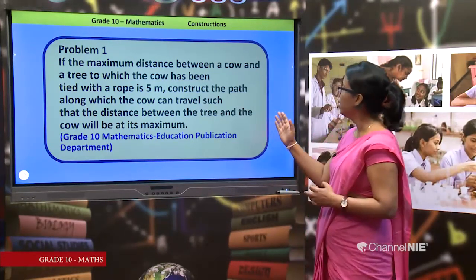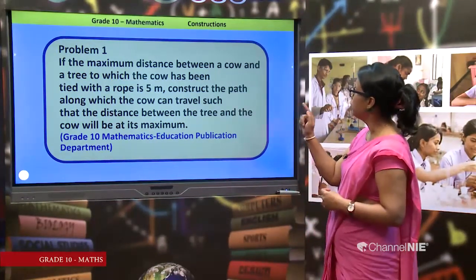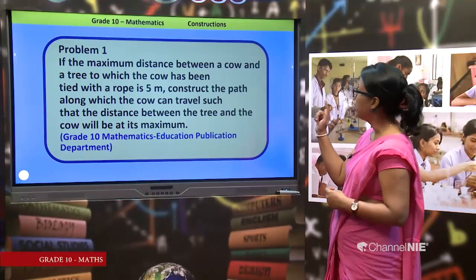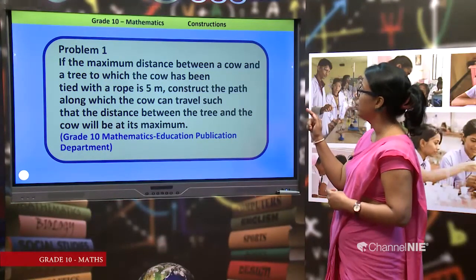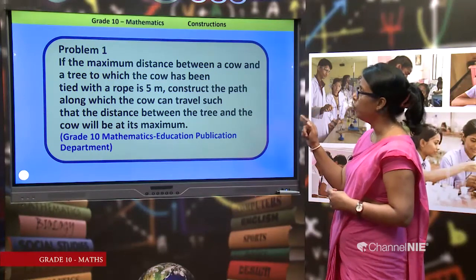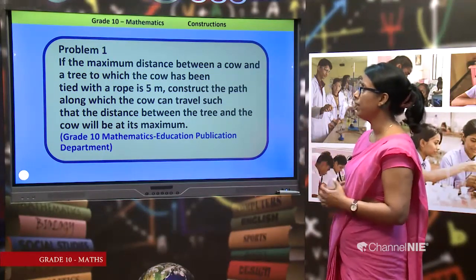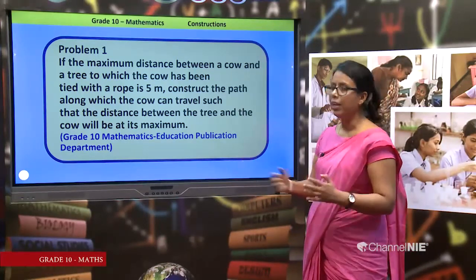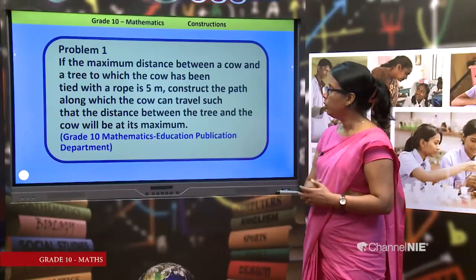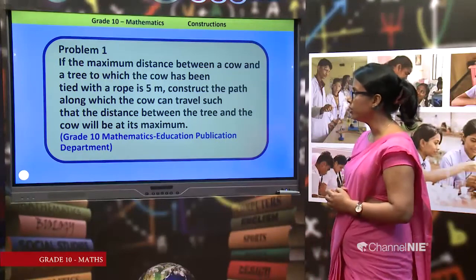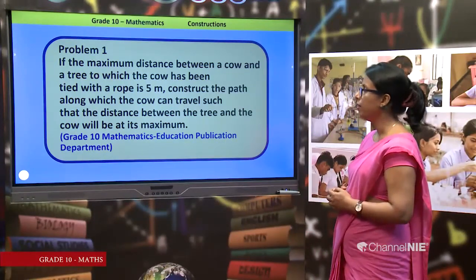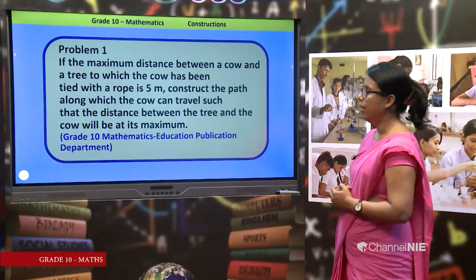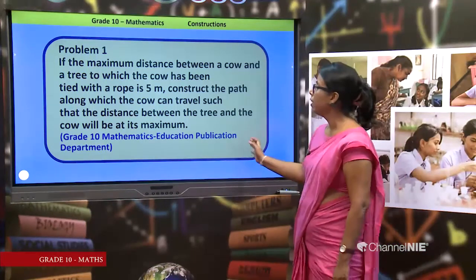There is a tree, and the distance between the cow and the tree is 5 meters. So, this rope is tied to the cow and the tree. Using the loci and construction, you have to find this locus. Let's see how to find it.